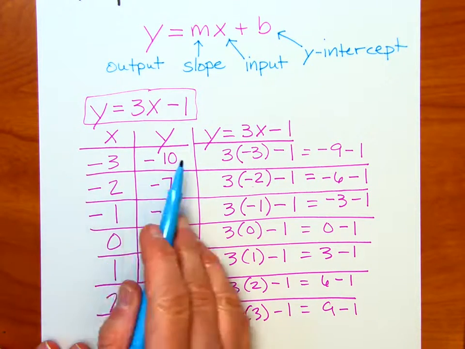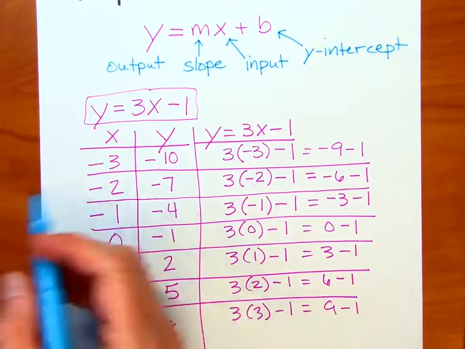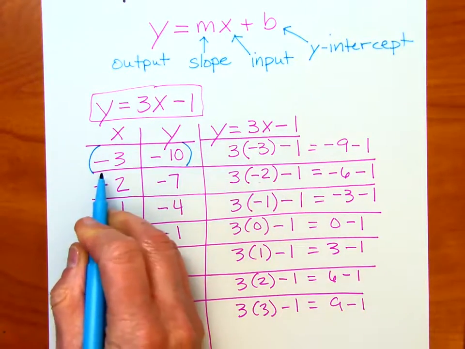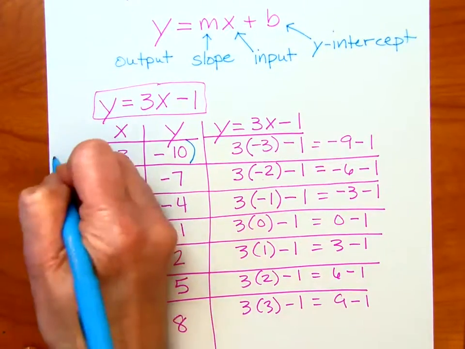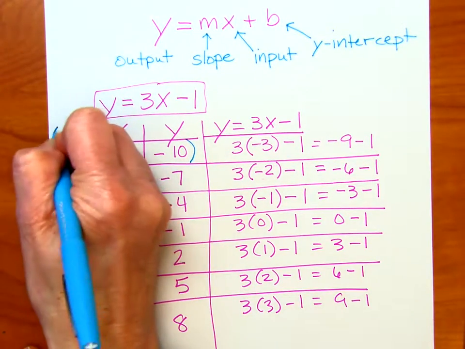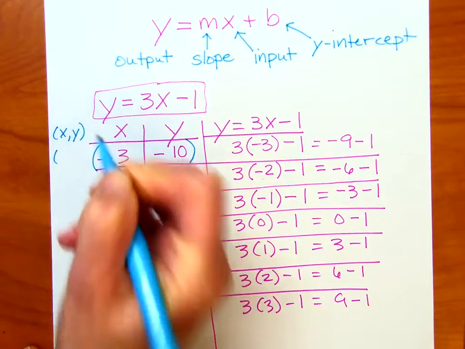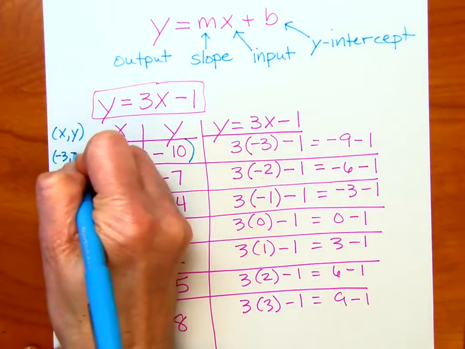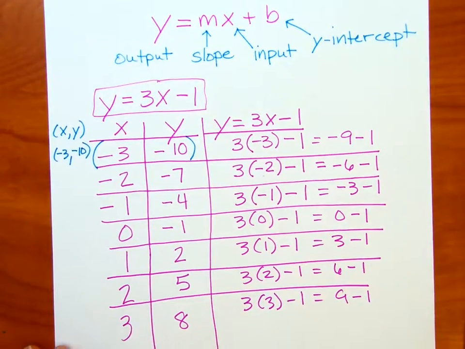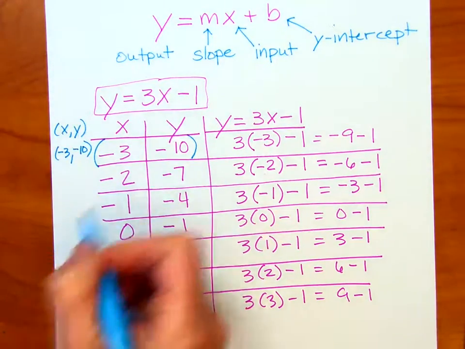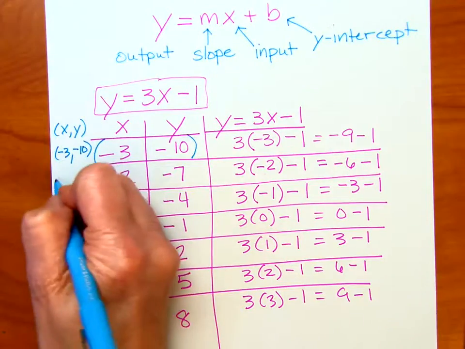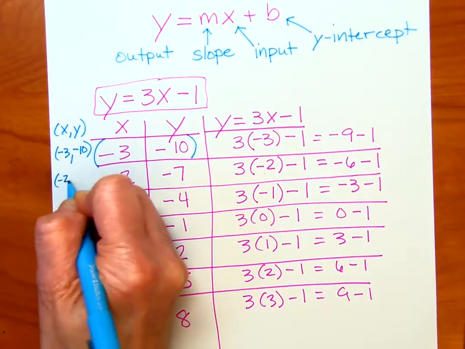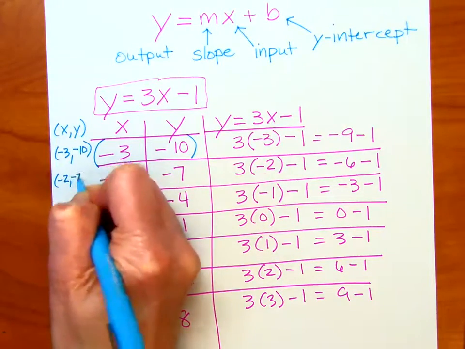If you have a graph like this, you could certainly rewrite them, but basically we're taking the -3, that's going to be our x, so -3 is our x value and -10 is our y value. I'll go ahead and rewrite them, but we're just taking the x and pairing it with the y that we get.